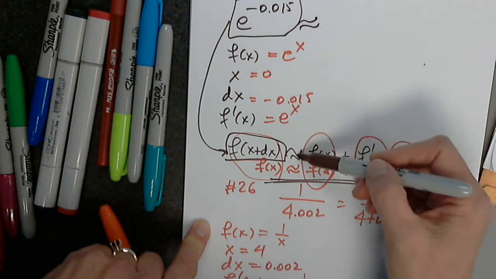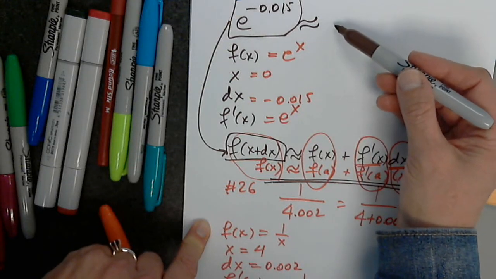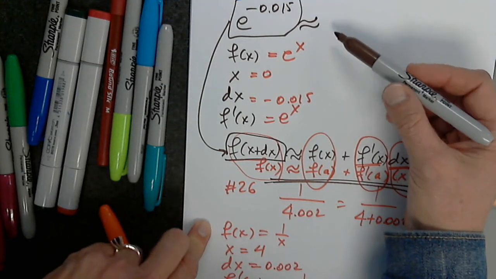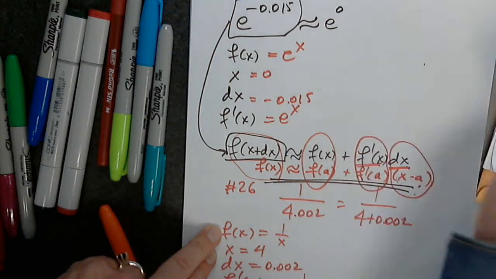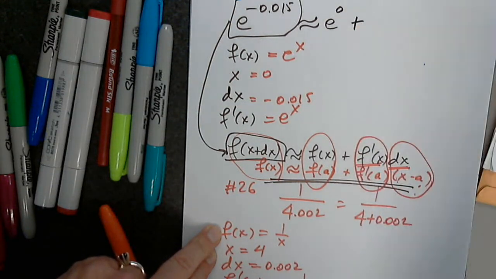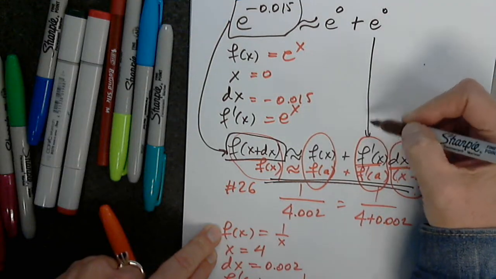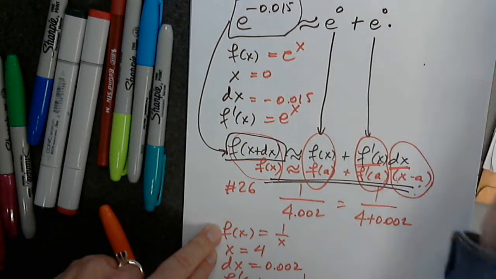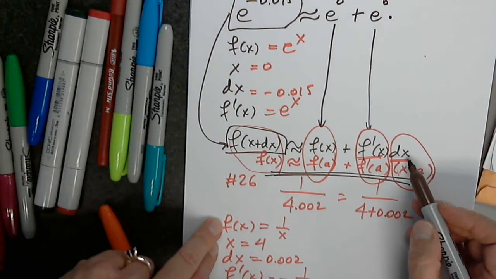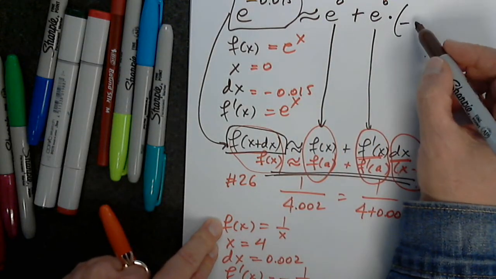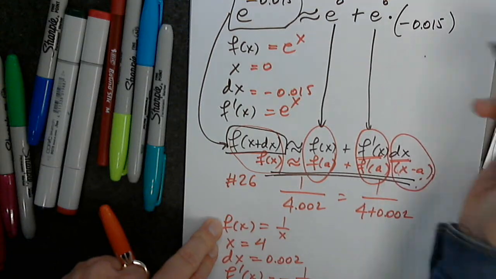So I wrote the approximation symbol, and now what should I write next? You should write e to 0. Exactly. Then I have plus. What should I write next? e to 0. Of course. And then I have this, and then multiplied by dx. How much is dx? 0.0... Careful. Oh, negative. Right. Good.